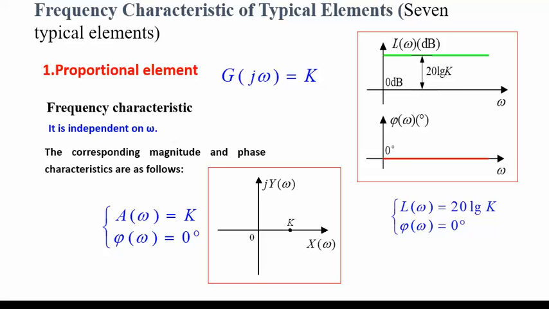Any polynomial can be factored into a constant, s to the power n, times a first order term and a second order term. Any transfer function in the world can be composed of these blocks, right?